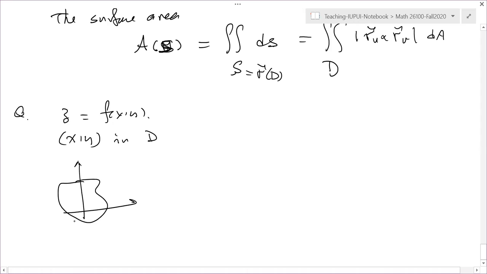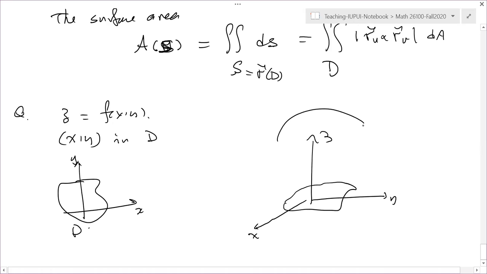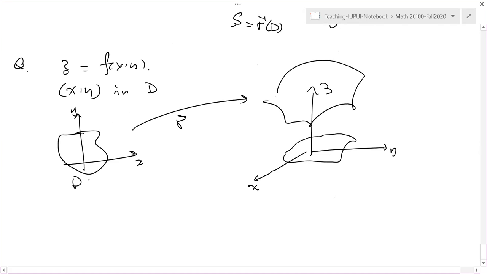This is domain D in the xy plane, and the graph is in three-dimensional space. So we have a standard map: the map is (x, y, f(x,y)).